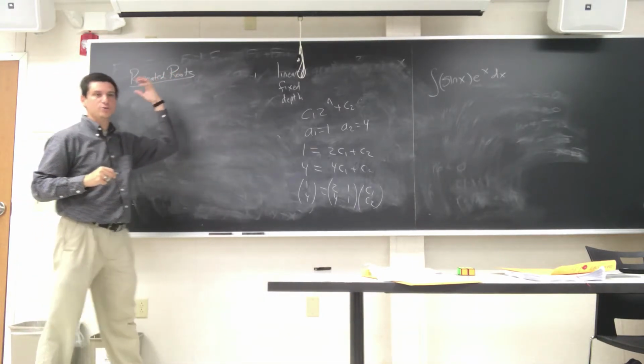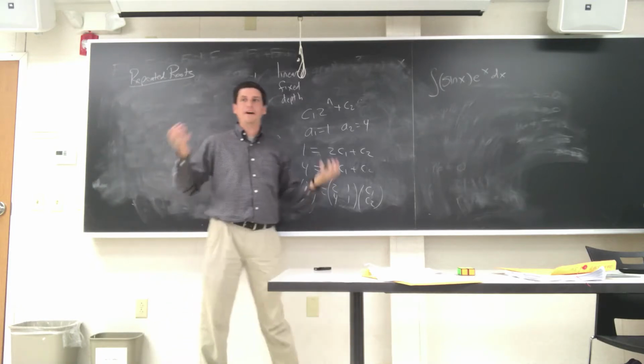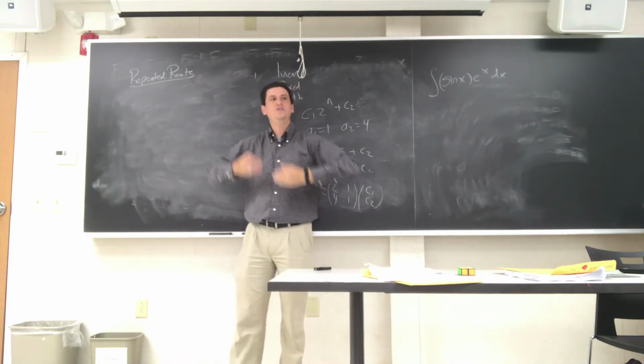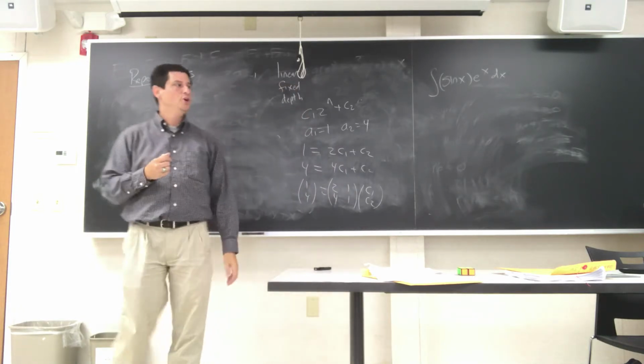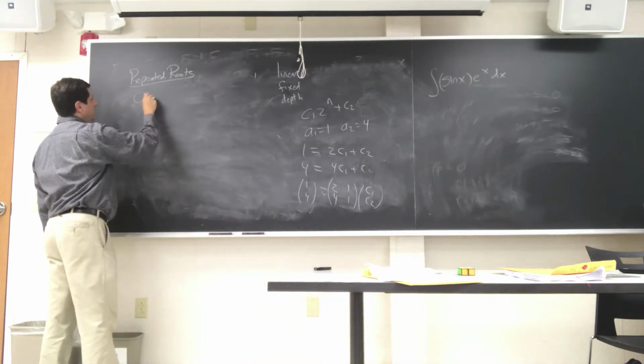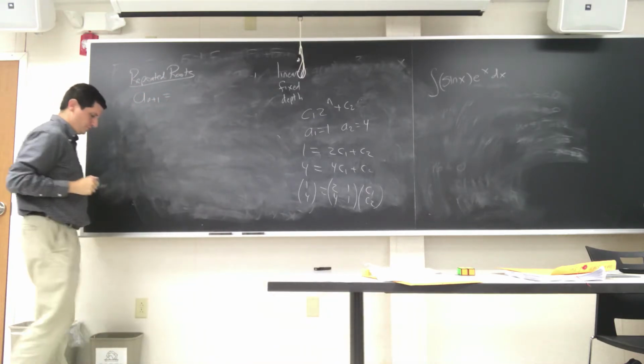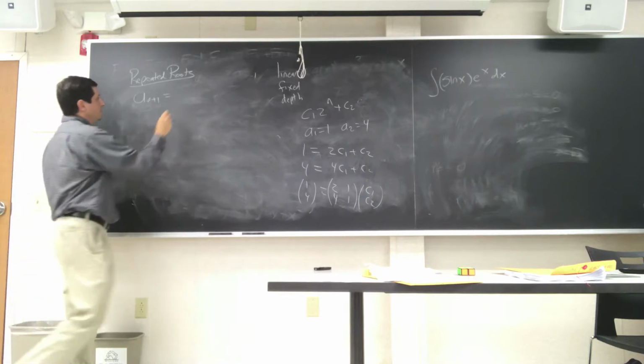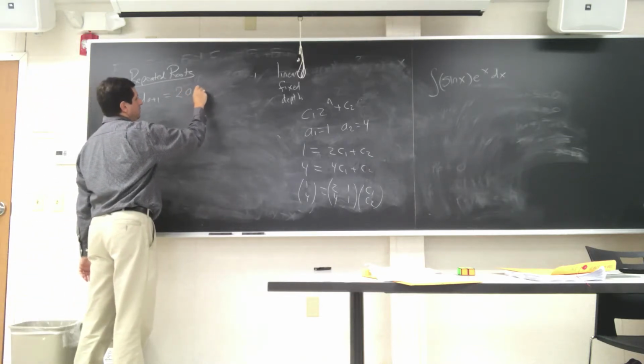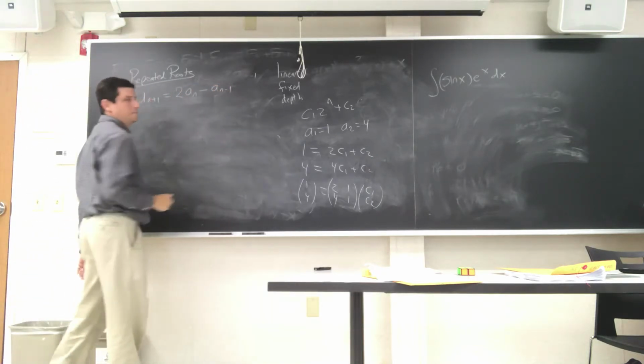So difference equations, which is what we're looking at now, these are finite versions of differential equations where you move in discrete time steps. So let's say I give you now a_{n+1} is equal to 2a_n minus a_{n-1}.